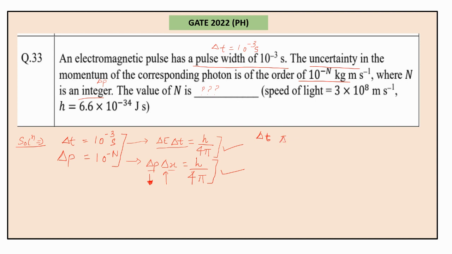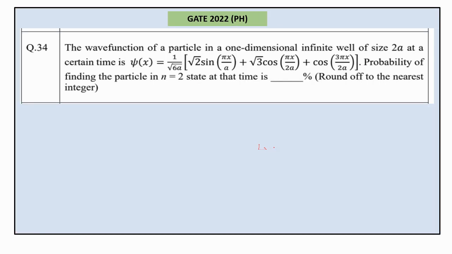If you want to measure energy precisely, then you have to increase this time delta t, right? So again, an inverse relation came for energy and time also. And this delta t is defining the time taken for the measurement.